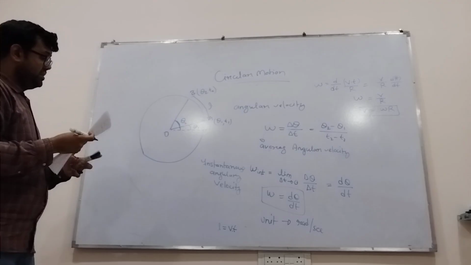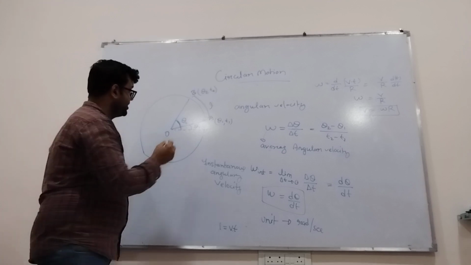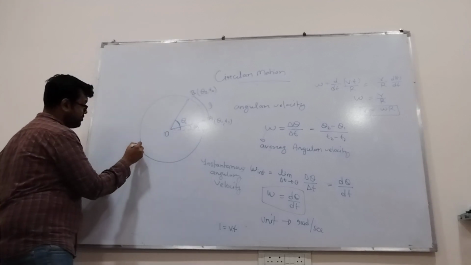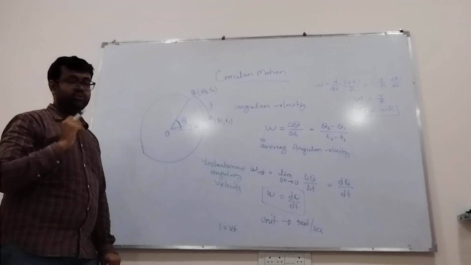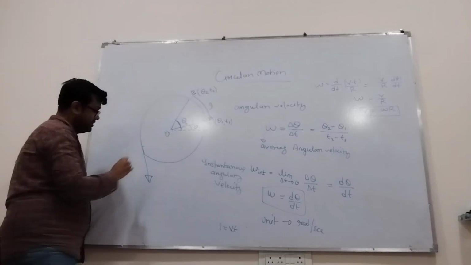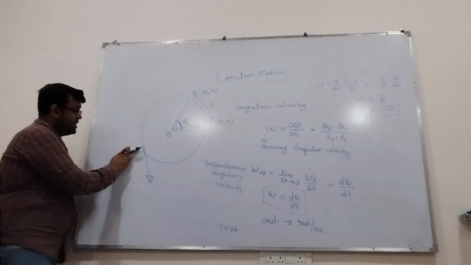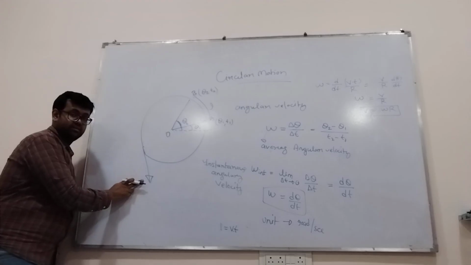See here, when the object is moving, suppose this is a point. At this point, what will be the direction of the motion of the particle? At that instant, this particle is moving in that direction.